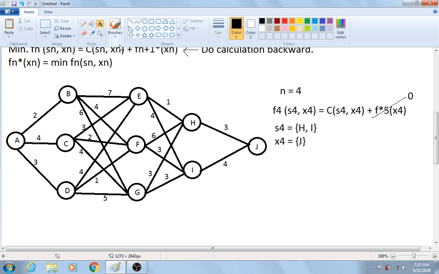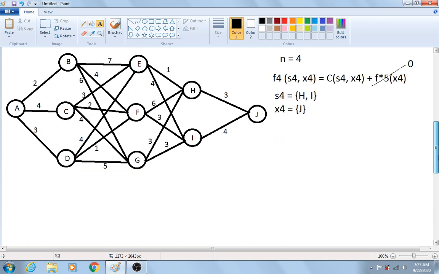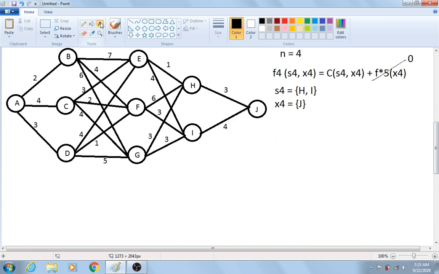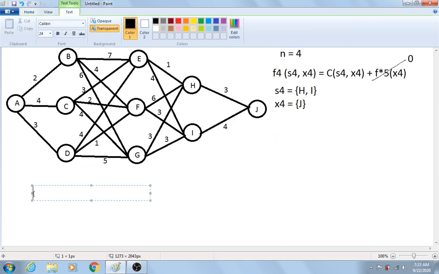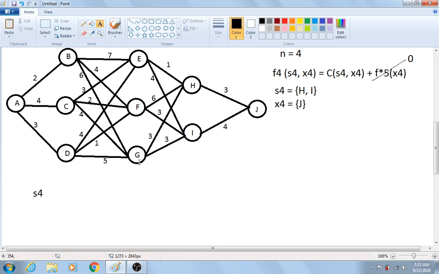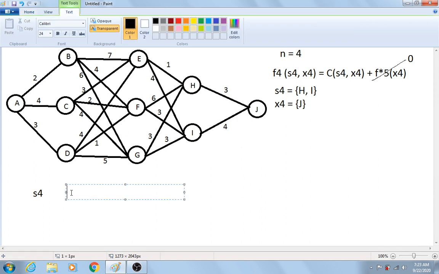We will do the calculation in a table. I'm going to put here s4, and we will have here f4 of s4, x4, and that equals c of s4, x4.